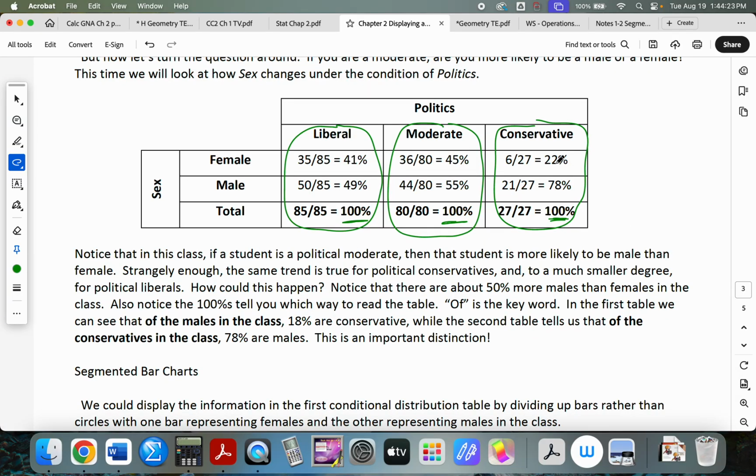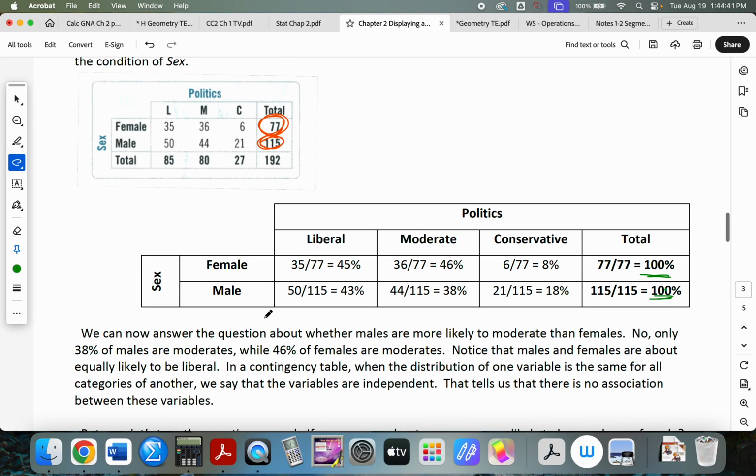So we pointed this out yesterday, but remember that "of" is the key word. In the first table, we can see that of the males in the class, so that means males is the whole group we're looking at, 18% are conservative. So of the males, 18% are conservative.